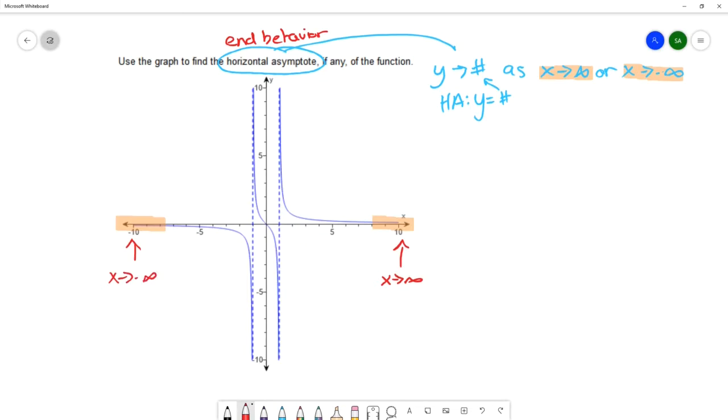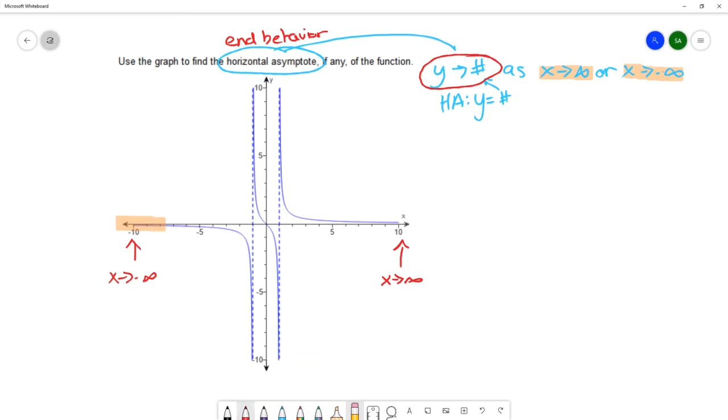So these are the portions of the graph that will tell me if there's a horizontal asymptote at all and what the value of that horizontal asymptote is. For there to be a horizontal asymptote, we need y to be approaching a particular number. So let me erase these markings so we can get a better look at this.